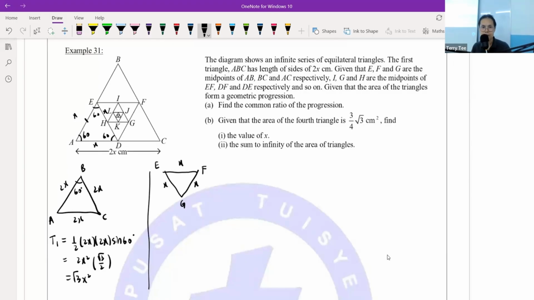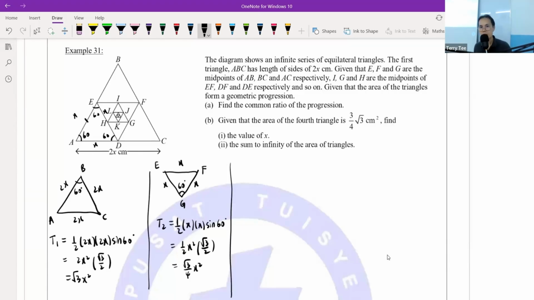It's half. And this is 60 as well. Up to you, whichever you want to use. My T2 is half x times x sine 60. This will be half x squared root 3 over 2, which is root 3 over 4 x squared.